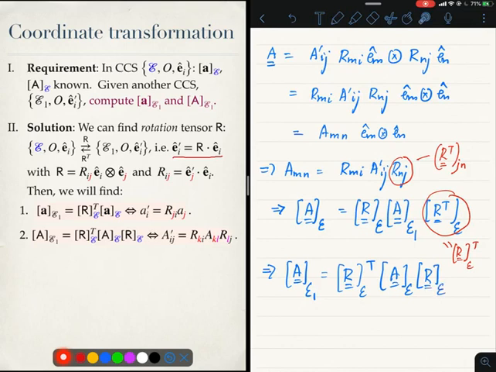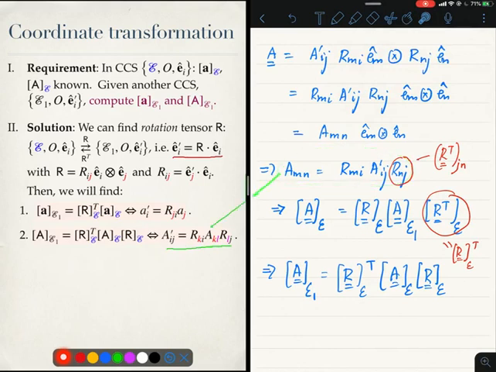So if you compare this equation with this equation, you will see that they are the same.